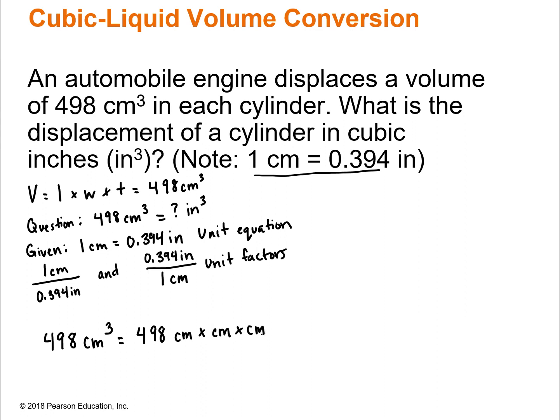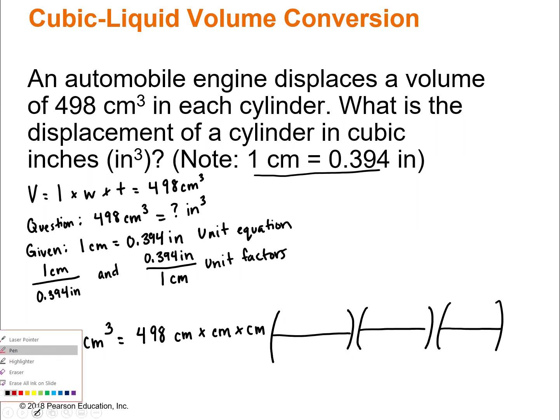So when we do this conversion, we have to use our conversion factor, or the unit factor, 3 times, because we have to cancel out centimeters 3 times. We've got centimeters in the numerator, and we need to have inches instead. We're going to choose this second unit factor, so we get rid of the centimeters and we're left with inches.